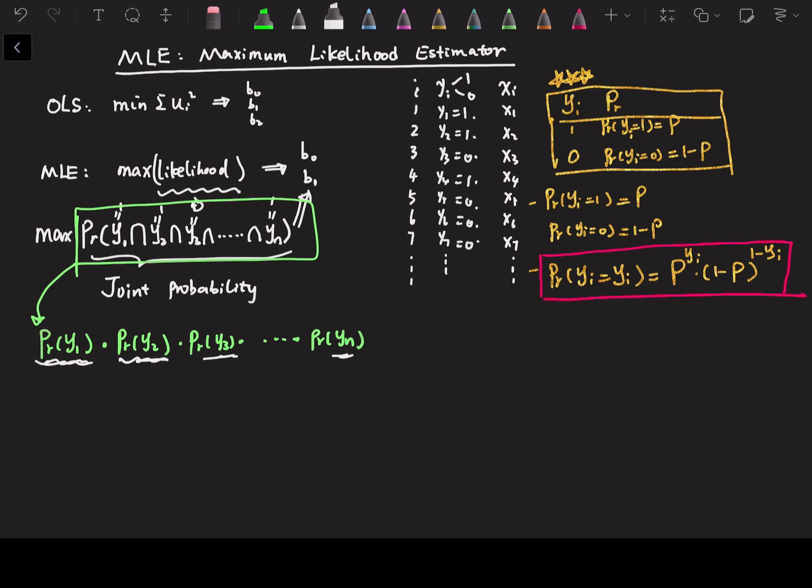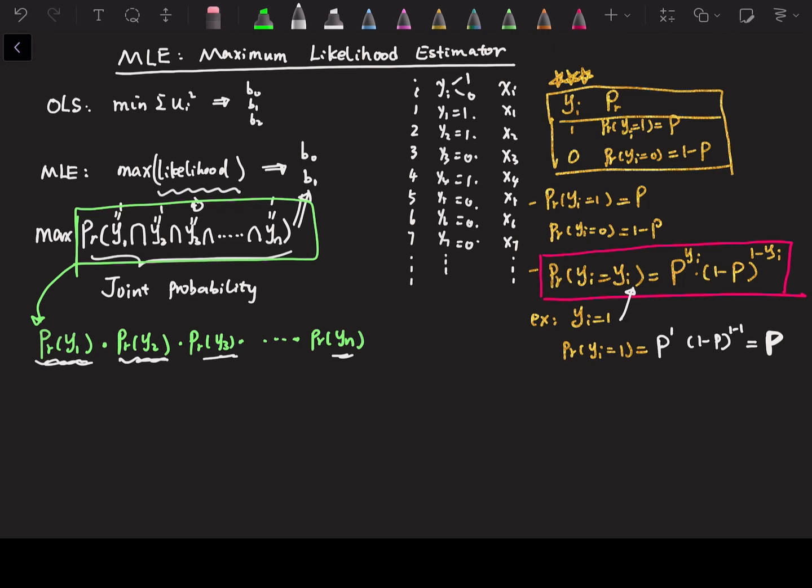So now we can verify this, whether we can get the correct probability of y. Let's suppose y equals 1. Now the probability that y equals 1, we just plug y equals 1 into this equation. You solve that, equals p to the power of 1 times 1 minus p to the power of 1 minus 1, which is 0. So the whole thing equals p.